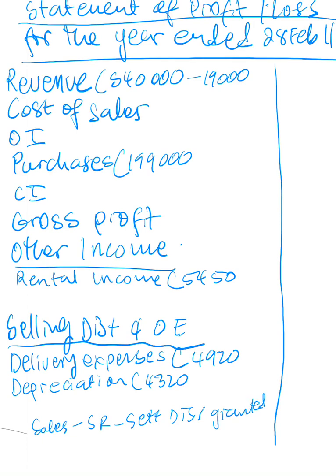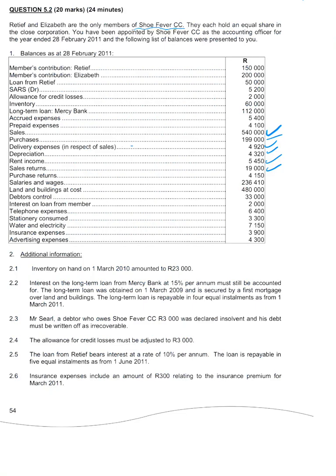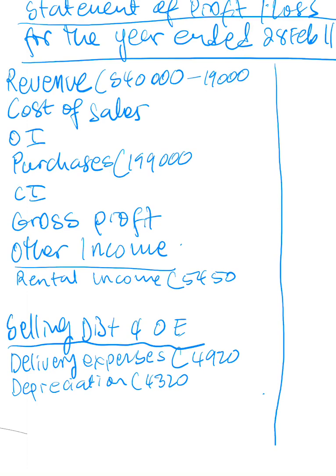So that's your sales for you. Right, then we move on. We are taking free marks first, good people. Right, then we've got purchases returns. They will affect your purchases. So purchases minus 4150.